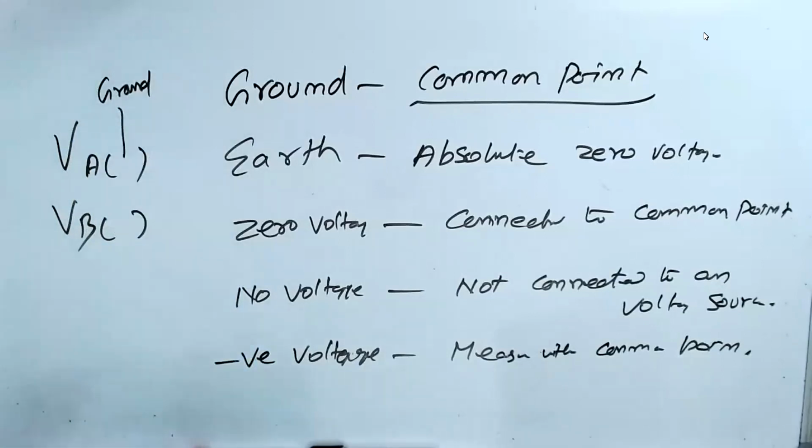That's the reason we don't mention the other point. Always if I give a single point voltage, that means the other point is ground. So these things have to be clear to you.